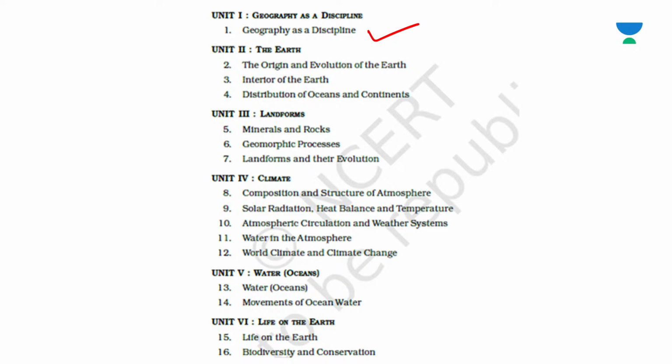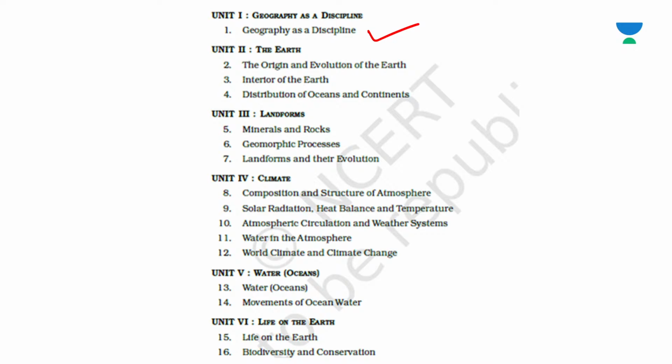where we have covered the branches of geography based on the systematic approach, that is physical geography, where we cover geomorphology, climatology, hydrology, soil geography.